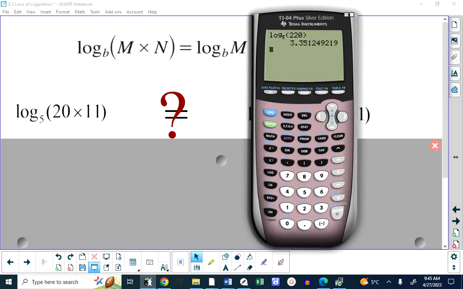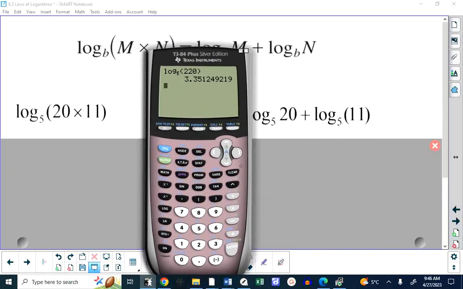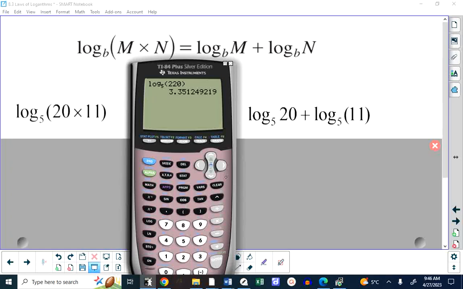And I get this. What this rule says is that that's supposed to be equal to log base 5 of 20 plus log base 5 of 11. I have no earthly idea why I have brackets around the 11 there. They're not needed.